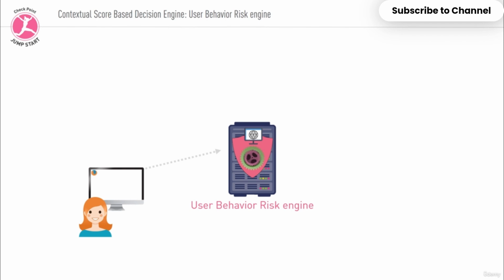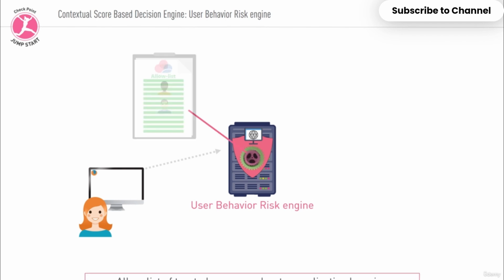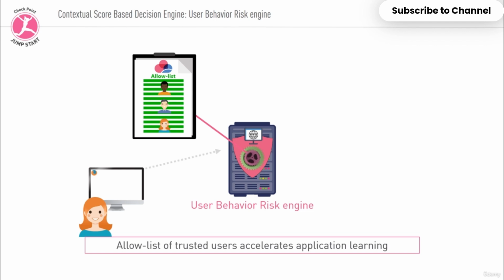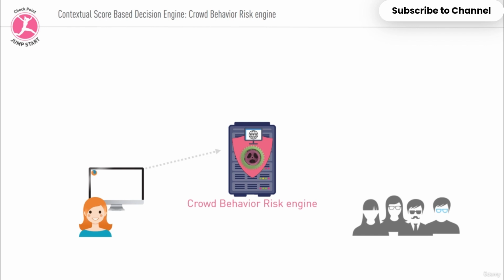You can take this one step further by creating an allow list of trusted users, which accelerates the application learning. Furthermore, the crowd behavior risk engine maps a site based on how all users interact with it. If a critical mass of users uses a website a certain way, the probability of a request being a specific attack is lower.